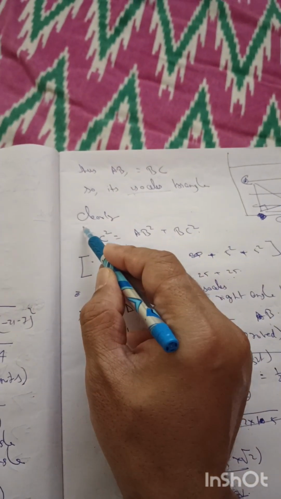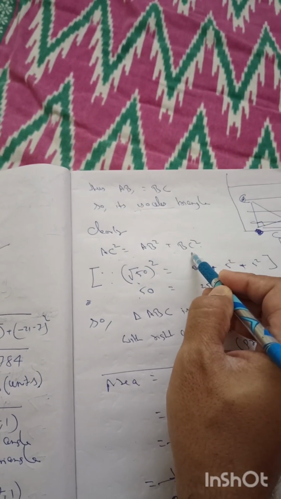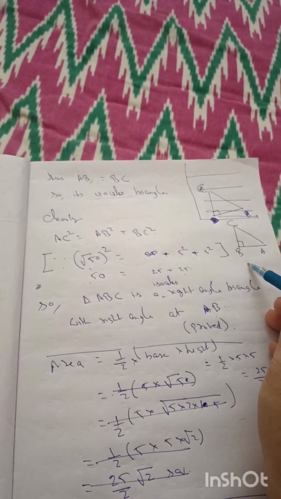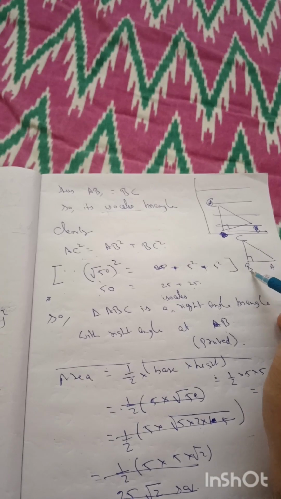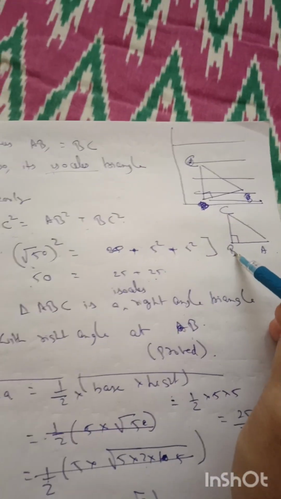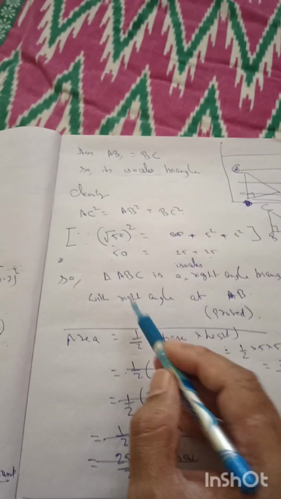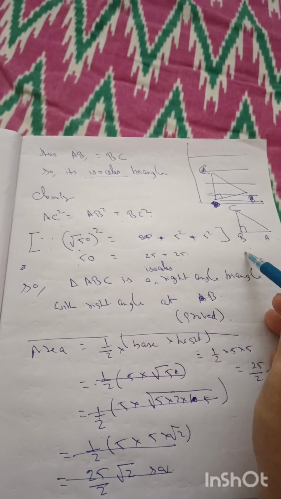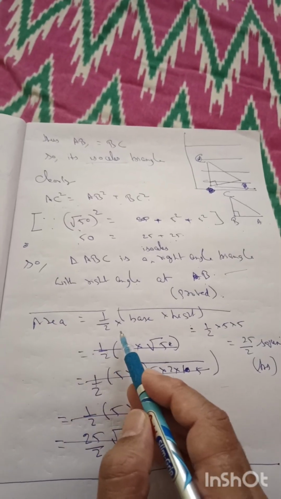So by applying the Pythagoras theorem, we get that the triangle is right angled at B, because AC square equals BA square plus BC square. So the triangle is an isosceles right angle triangle with right angle at B. Hence proved.